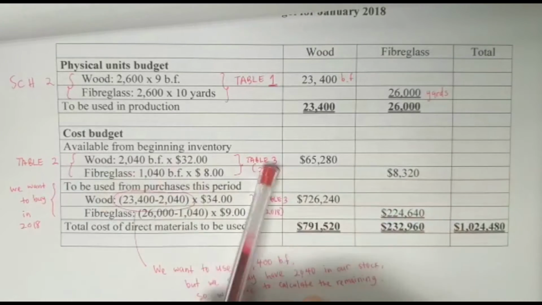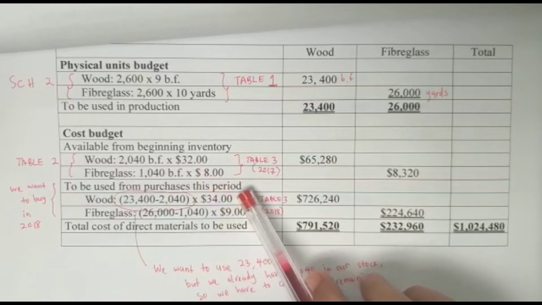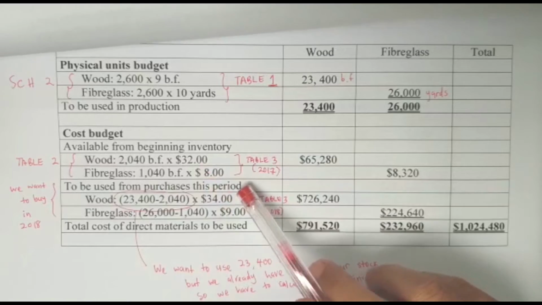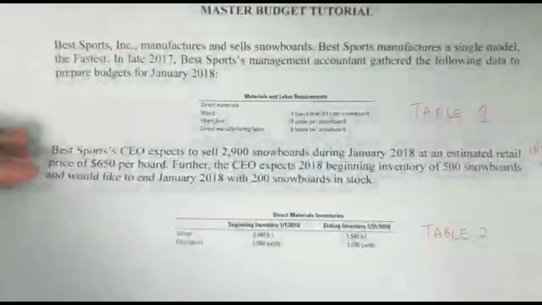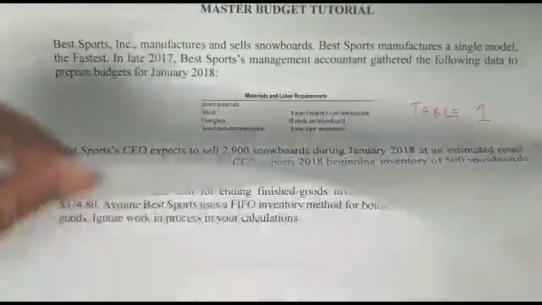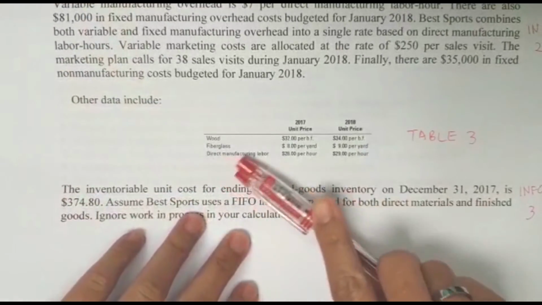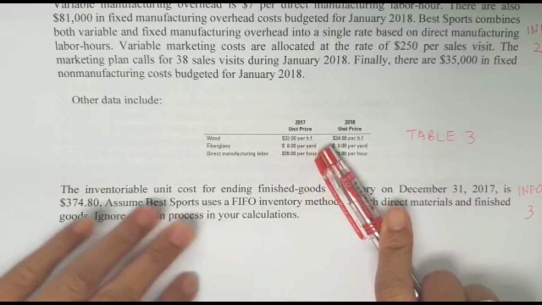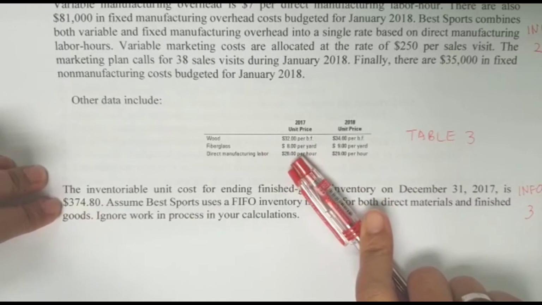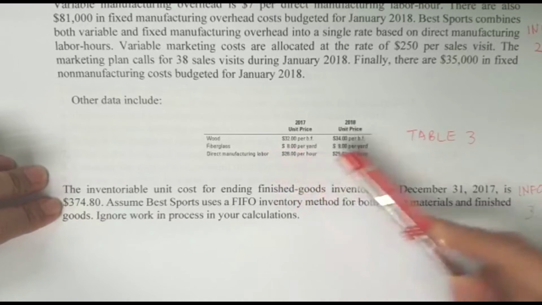In regards to the price, given that this is beginning inventory, obviously we have to use the price based on the year 2017. So we refer to table 3. For wood and fiberglass, in the past it was 32 ringgit per board feet and 8 ringgit per yard.